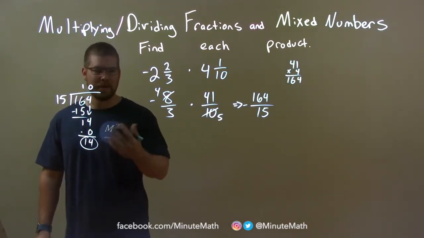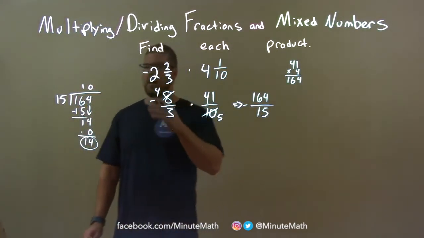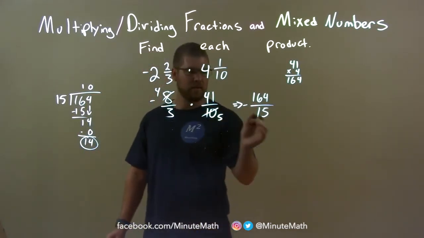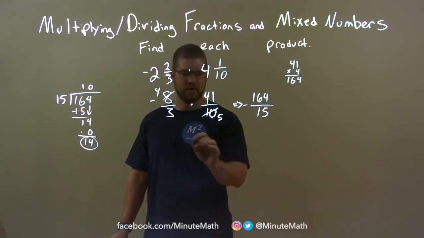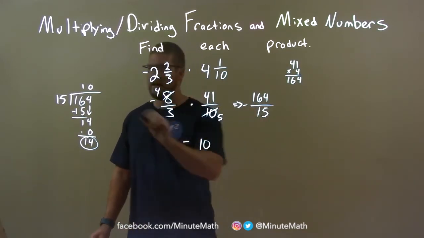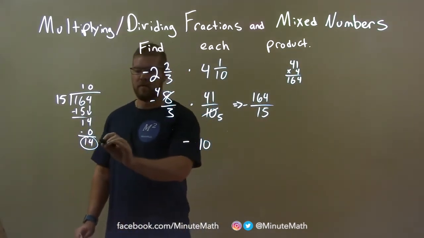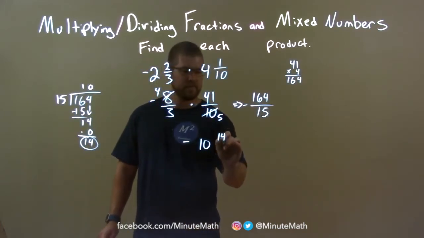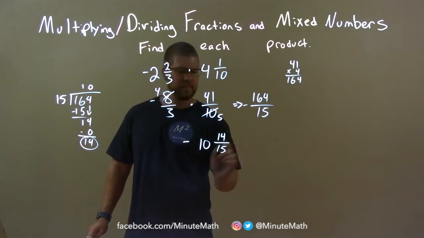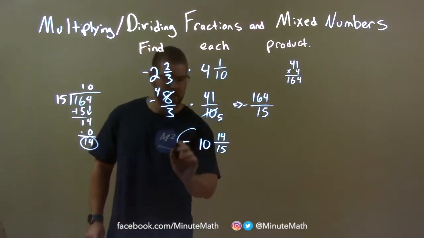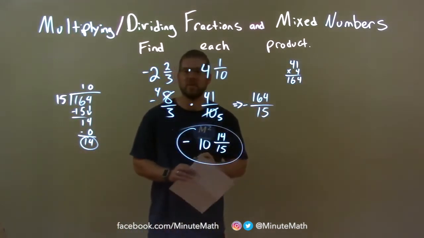Here's our remainder in a sense. So our answer here, the negative out front, 10 is what we have here, but then our remainder, which is 14, over 15, the divisor. And so we have our final answer of negative 10 and 14 over 15.